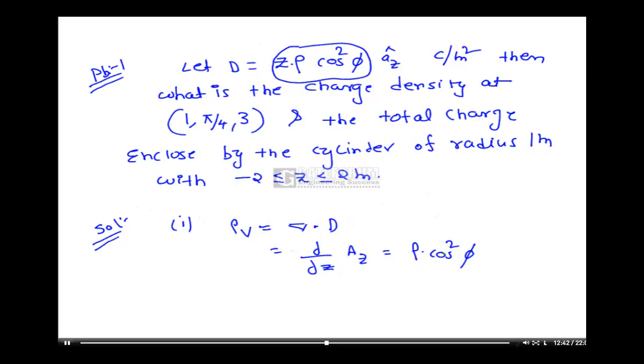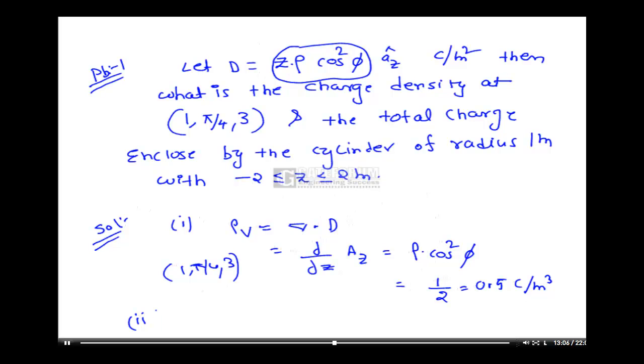They are asking at a particular value, 1 comma pi by 4 comma 3. So rho is equal to 1, and cos pi by 4 means 1 by root 2, whole square is 1 by 2. So 1 into 1 by 2 is 0.5 coulombs per meter cube. So this is the charge density.